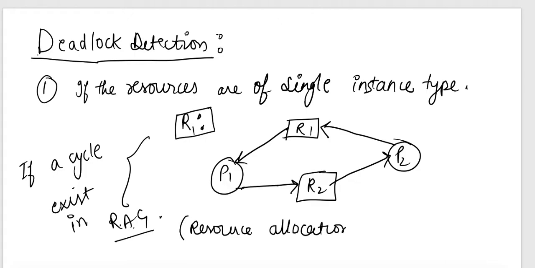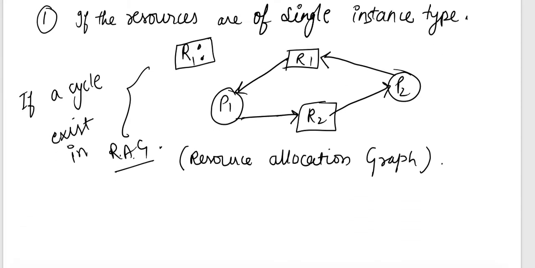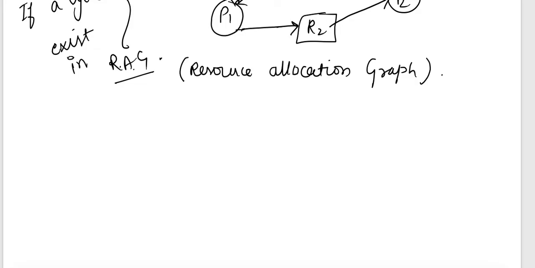If the resources are of single instance type, you will make a resource allocation graph, and then you will apply any cycle detection algorithm, which I have already discussed, studied in DAA, right? So what you have to do simply is draw the RAG, that is the resource allocation graph, and then run any cycle detection algorithm.